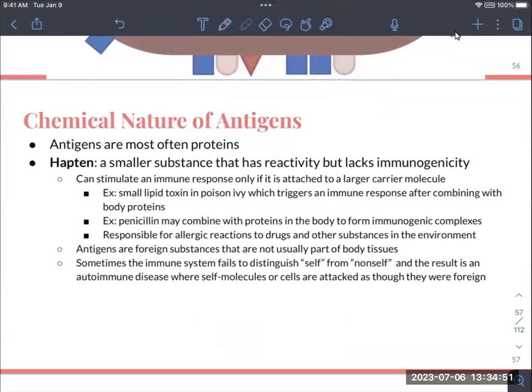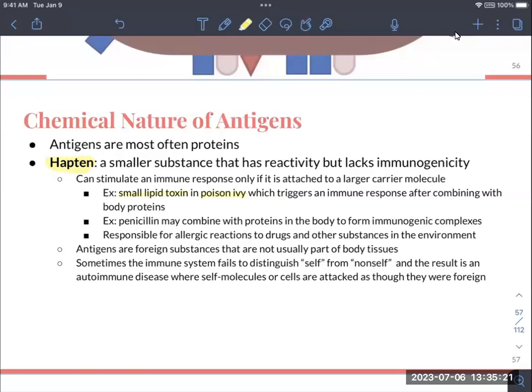Hapten is a substance that has reactivity, but it lacks immunogenicity. So it can stimulate an immune response, but only when it is attached to a larger molecule. Like the lipid toxin in poison ivy is a good example of a hapten.